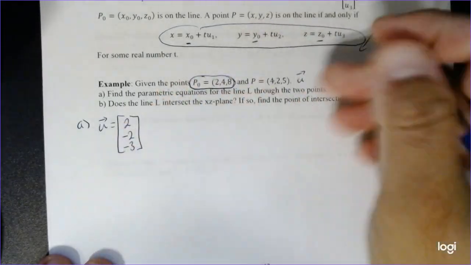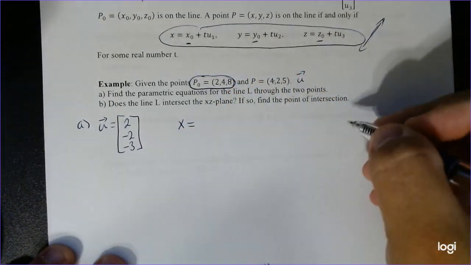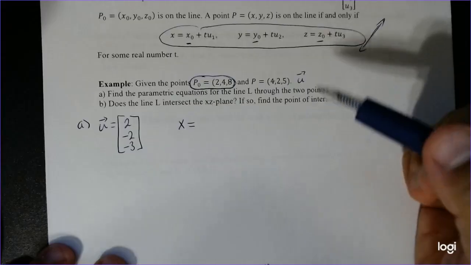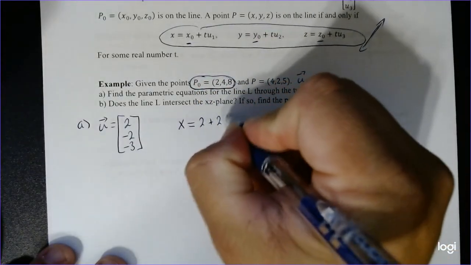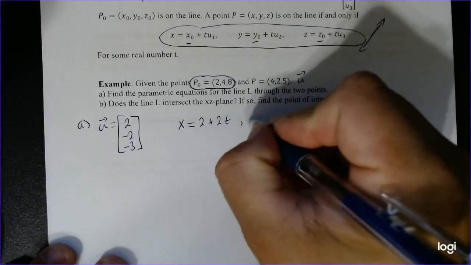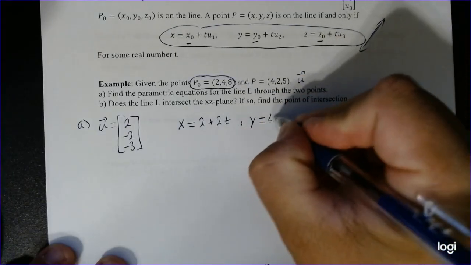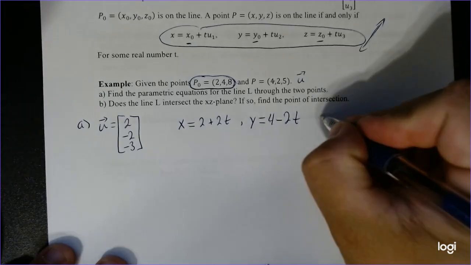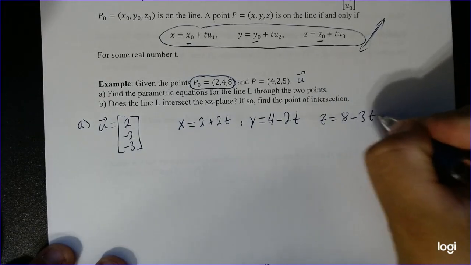So there's our vector u. Therefore our parametric equations are, well, for x naught I chose this one, so x equals 2 plus 2t, y equals 4 minus 2t, and z equals 8 minus 3t.